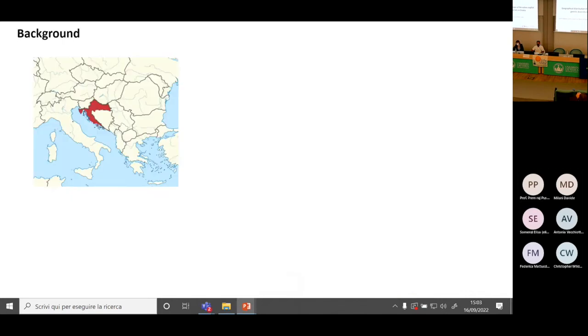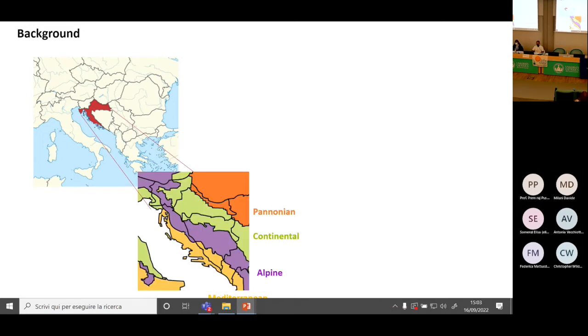So for the beginning, even though I know the majority of you know, Croatia is situated in Southeast Europe on the western part of the Balkan Peninsula, which is known as one of the glacial refugia in Europe. Thanks to its position, it encompasses four different biogeographical regions: in the north the Pannonian region, then continental, Alpine, and Mediterranean.